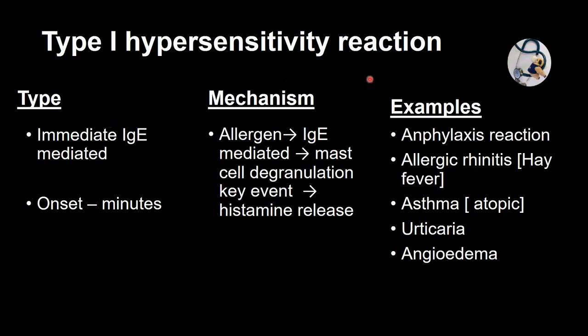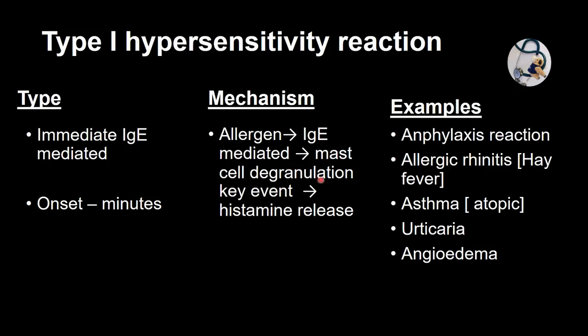Type 1 hypersensitivity reaction is IgE mediated and the onset is within minutes. The main mechanism is that on exposure to the allergen, there is IgE mediated reaction occurring with the mast cell degranulation.